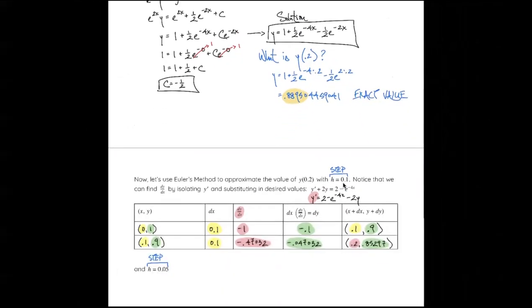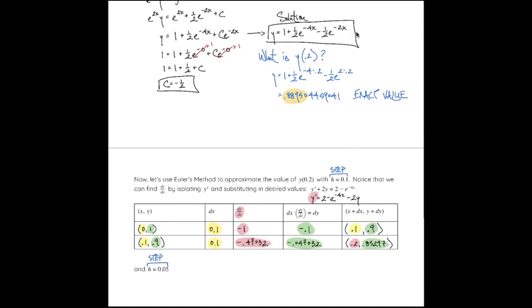So 0.8895 and 0.85297 are kind of close, right? It's not that far. It's not like I got 18 million as an answer, right? These are fairly close decimals. And I did this with a step of 0.1, okay? We're going to use technology now to find the approximation when we do h equals 0.05. Let's see what value we get there.